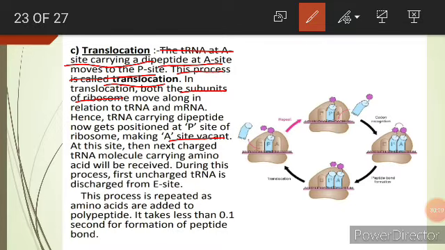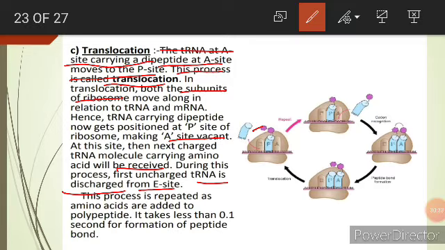At this site the next charged tRNA molecule carrying an amino acid will be received, and during this process the first uncharged tRNA is discharged from the E site. How does it get discharged? When it leaves its amino acid, what will happen?